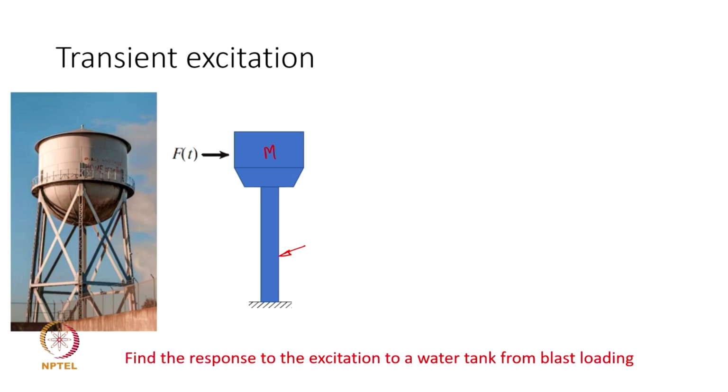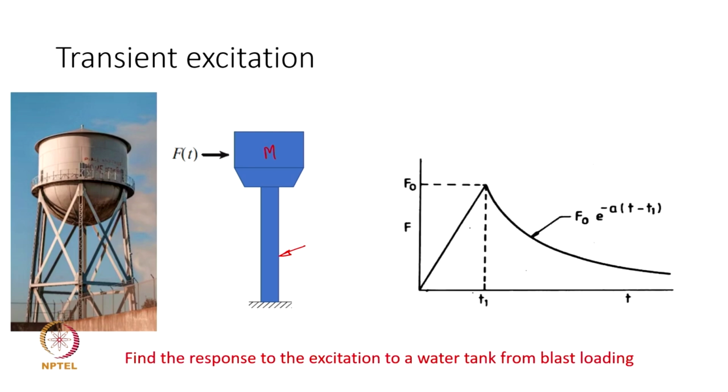Maybe a blast pressure can act on it, which is generally modeled like a sudden increase in the force value and then an exponential decay in its value. So, this is a typical way in which a blast pressure acts as the blast happens, and we may have to now treat this as an excitation function.